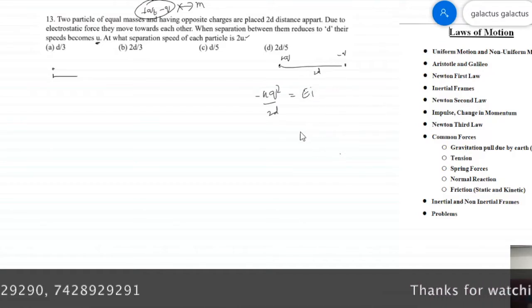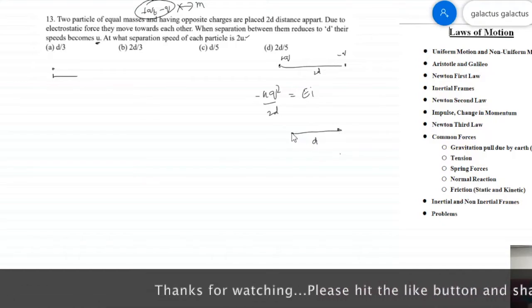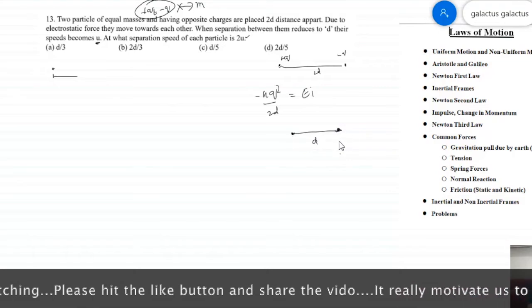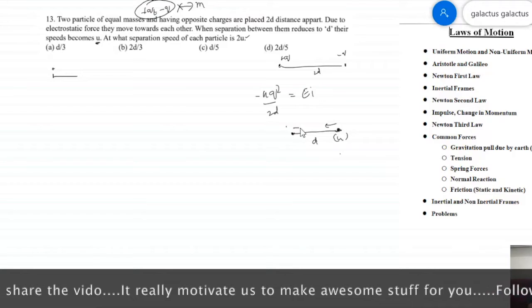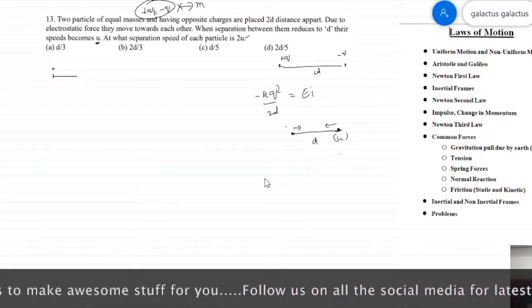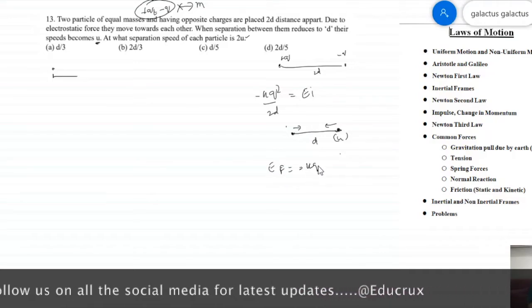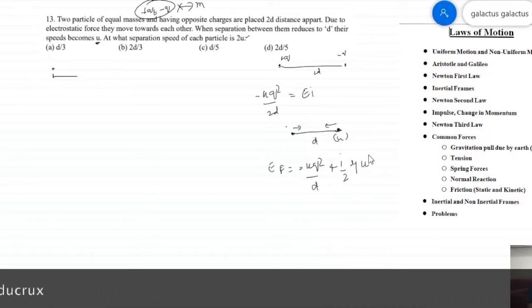And when they are at a distance d, the velocity of each particle is now u. So this particle and this particle at a distance d have velocity equal to u. So energy final is equal to minus kq squared upon d plus half mu u squared. So what is mu?